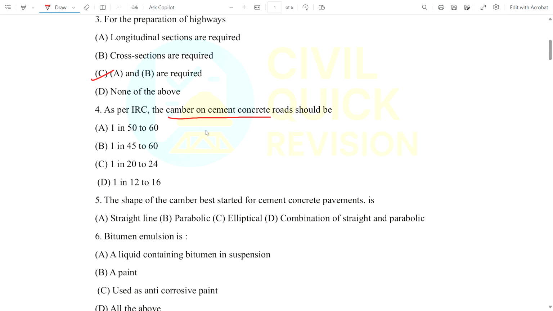Okay, so if I give you the types of pavement, number 1 is cement concrete and high bituminous surface.